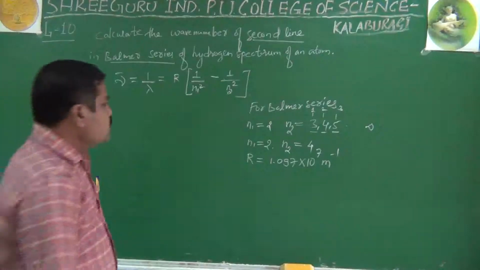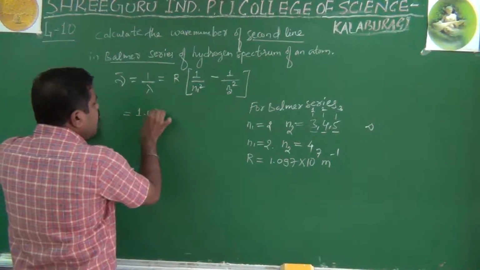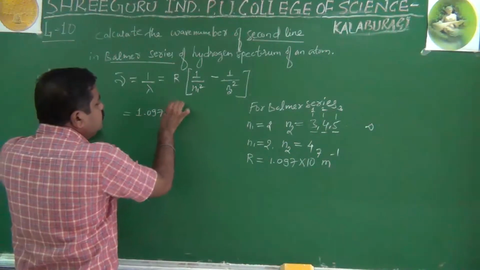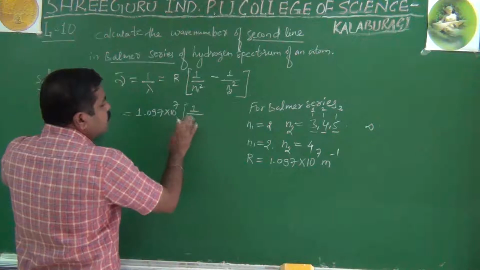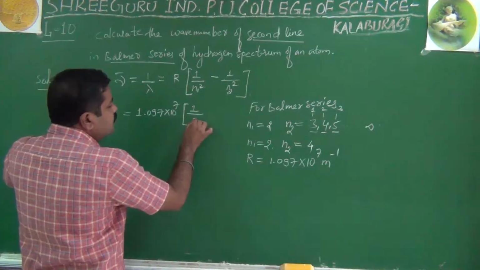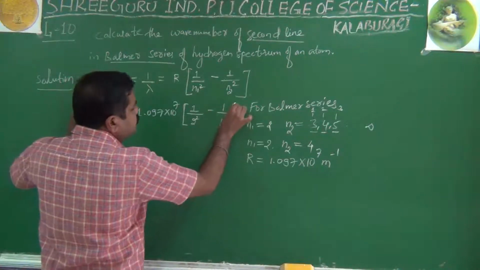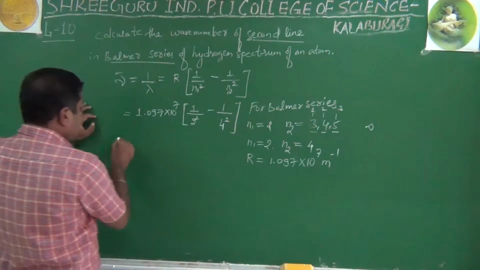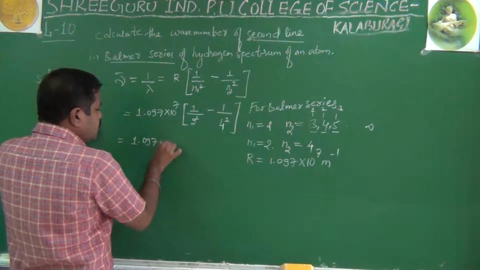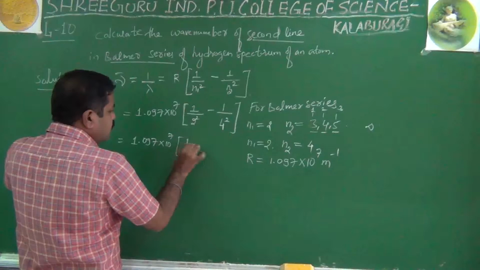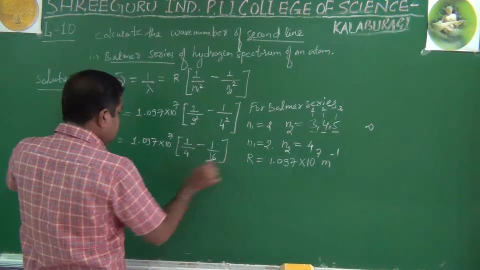Substituting the values, note the value of R, 1.097 into 10 raised to 7, 1 by n1 square, that is 2 square, minus 1 by n2 square, that is 4 square. So 1.097 into 10 raised to 7, 1 by 4 minus 1 by 16.